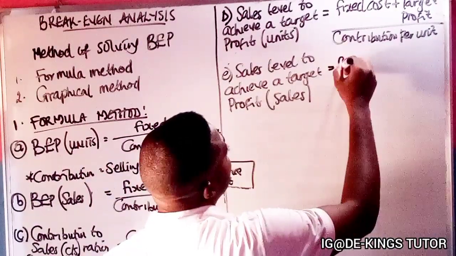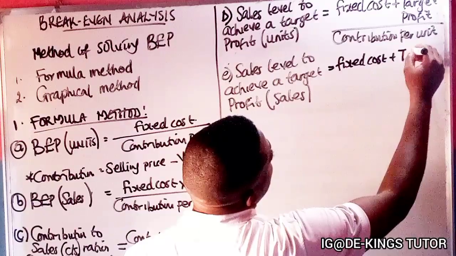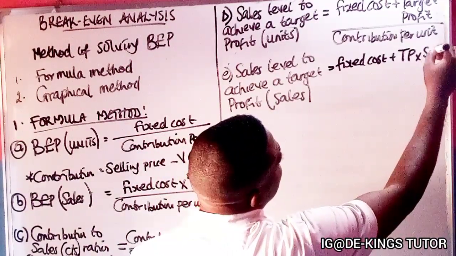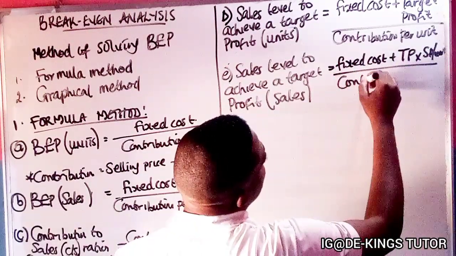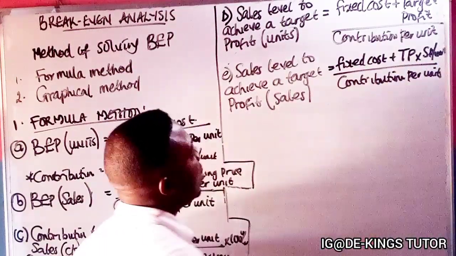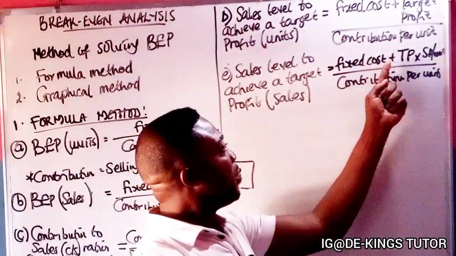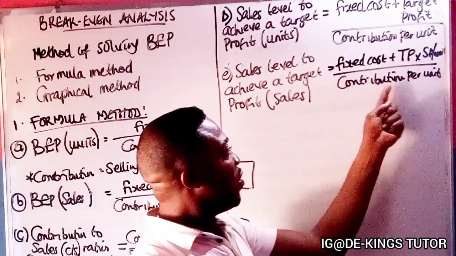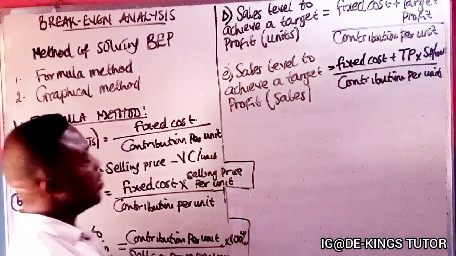It will be given as the fixed cost plus the target profit, where TP stands for target profit, times the selling price per unit divided by the contribution per unit. So the sales level to achieve a target profit in sales value is the fixed cost plus target profit, times the selling price per unit, divided by what? The contribution per unit. Okay, so that is for E.